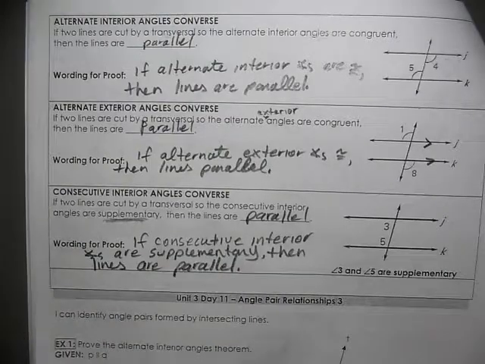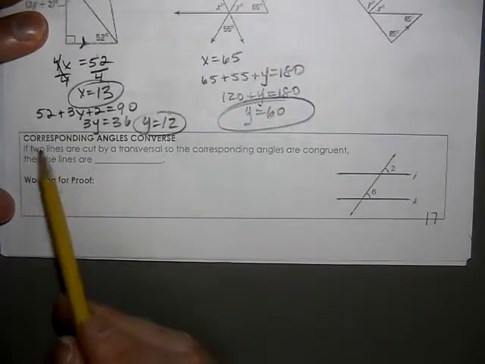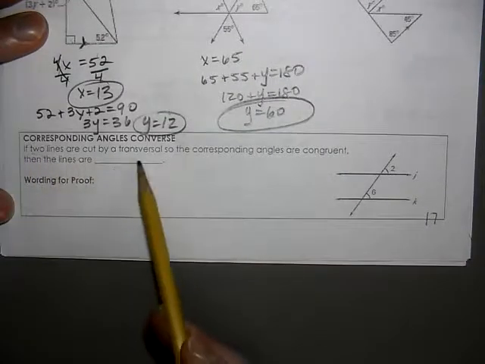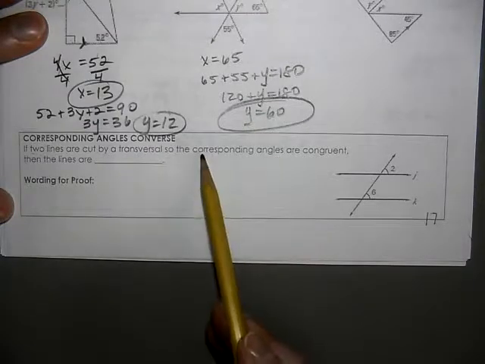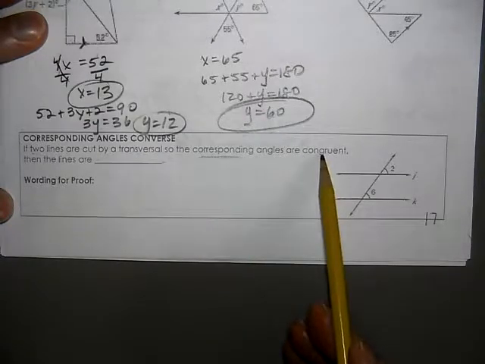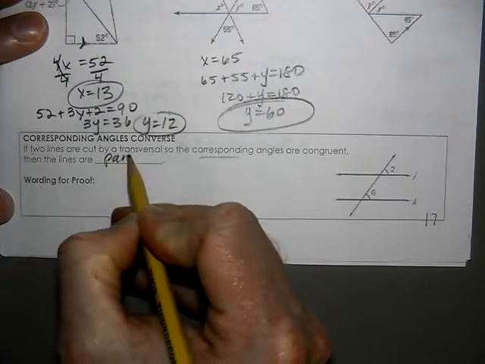We have one more on the previous page even. If two lines are cut by a transversal so that corresponding angles are congruent, then the lines are parallel.